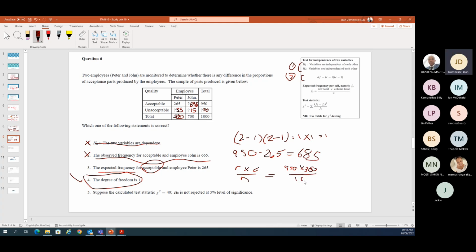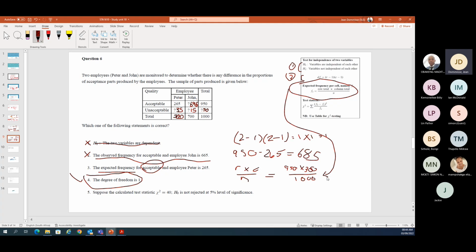And then we divide that by 1000. So we are using that rule now in this instance. So total of acceptable is 950. The total of repeaters is 300.